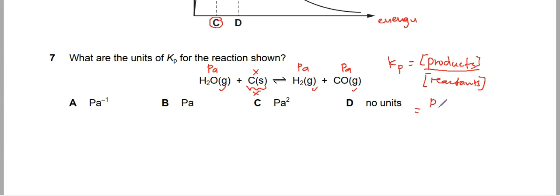So we put the pressure of the hydrogen gas multiplied by the pressure of the CO gas, over the pressure of the water, all of them in gaseous form. The unit for all of them is pascals, so pascals multiplied by pascals over pascals.